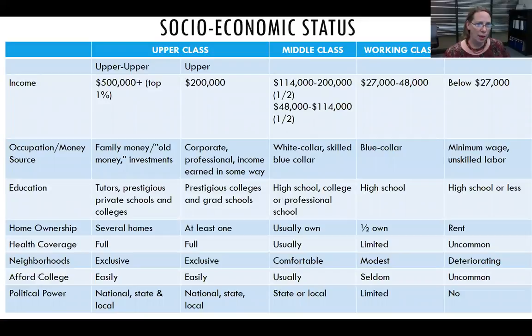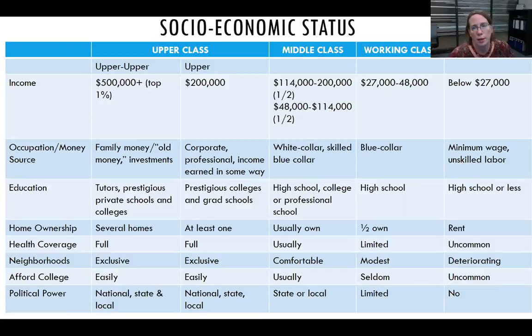Within the upper class, you have the upper upper class. These are people with quite a bit of money, as you can see from the income levels listed here: 500,000 and above, the top 1% of earners in the United States. They tend to come from old money, or they have family money.